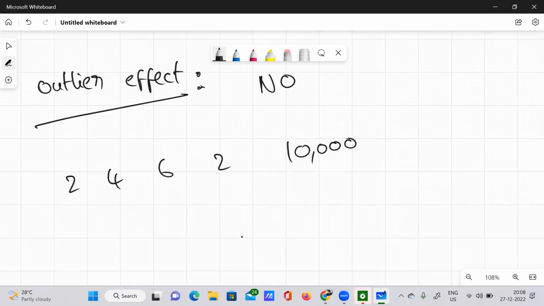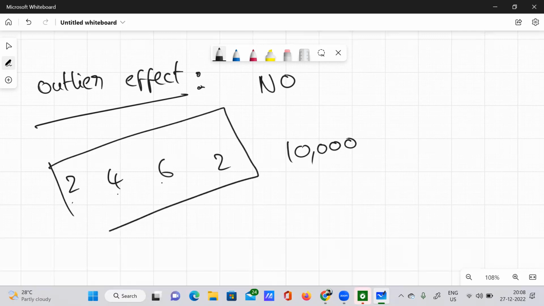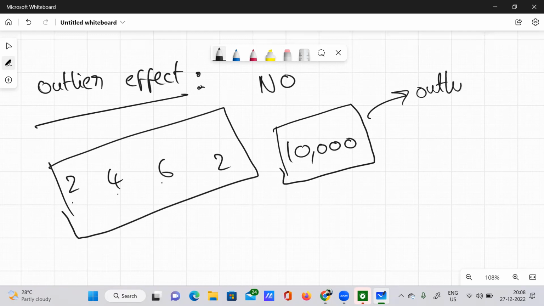Got it? So I want to find the mode here. So this is 2, 4, 6, 2. These are all lying in one kind of range, right? But now when you observe here, this is a huge number which has been added to our data. That is nothing but an outlier, right? So this is an outlier. But if you observe, there is no impact of this outlier on our data.